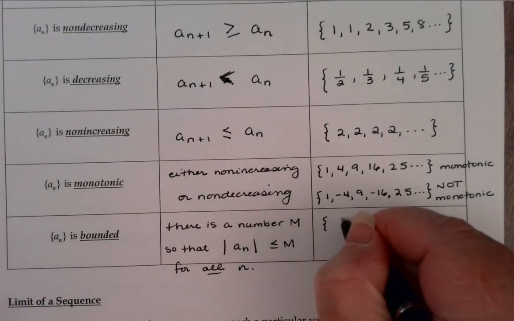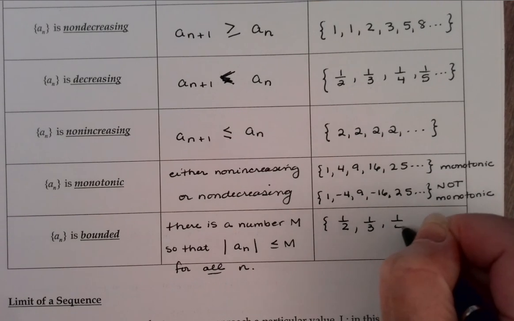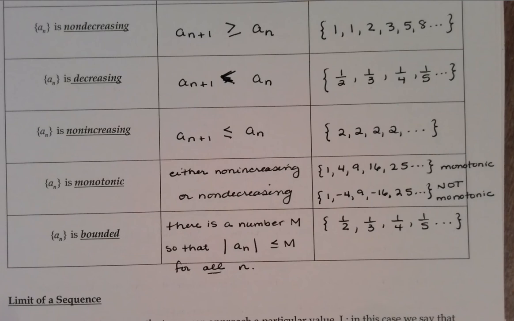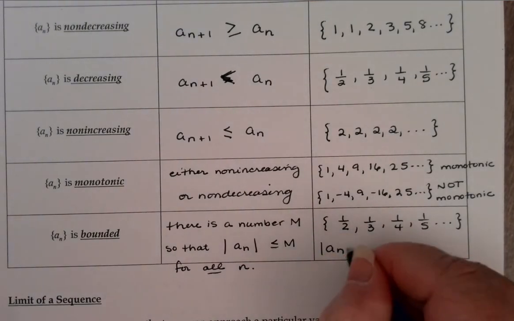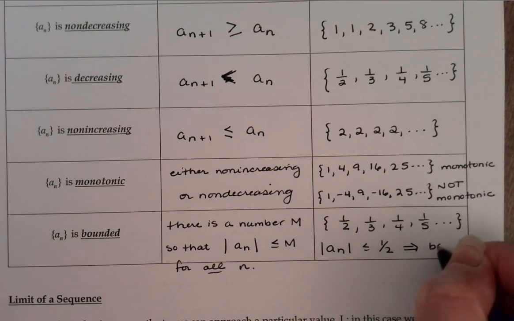Here's what we looked at up there: 1/2, 1/3, 1/4, 1/5, and so on. Notice this is definitely bounded. As these fractions go on, they're all going to get smaller. So in fact, every single term is less than or equal to 1/2. This is bounded.